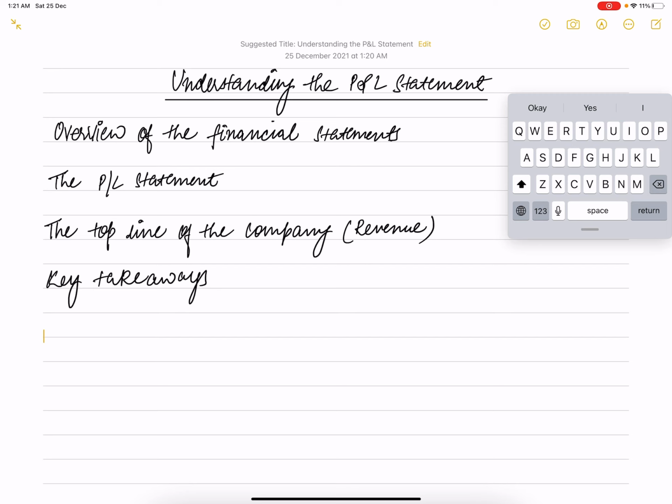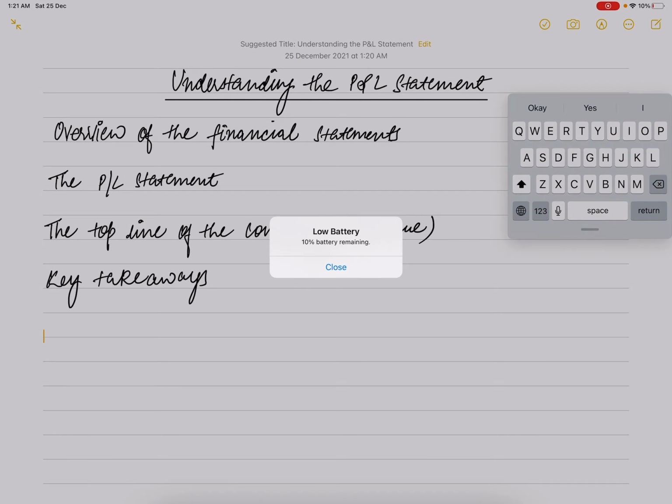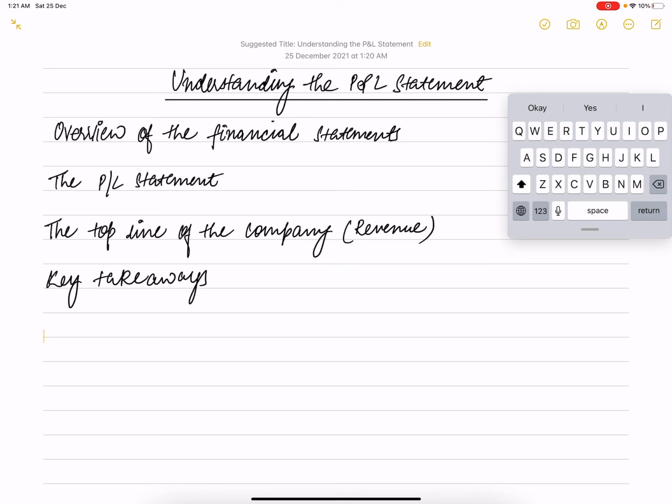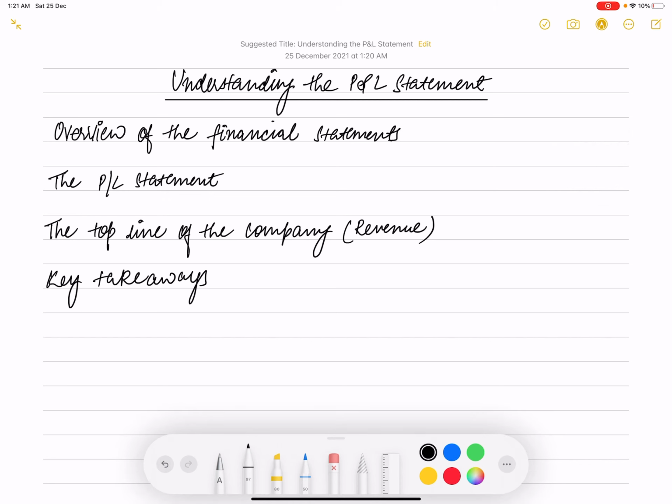So now coming to the second part, the P&L statement. The profit and loss statement is also popularly known as the P&L statement, income statement, statement of operation and statement of earning.